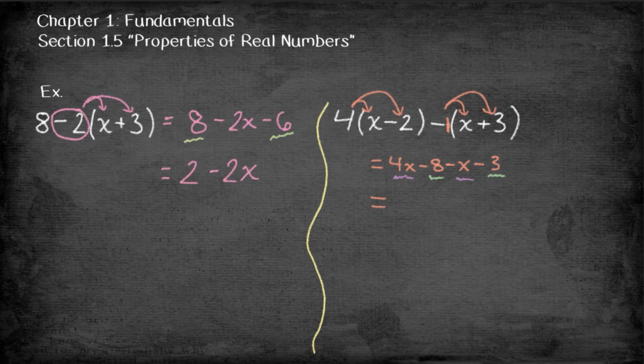There's a 1 in front of this x. 4 minus 1 is 3, so these two combine to give me 3x. The 8 and the 3 are both negative, so I add their absolute values and keep the sign. And that about wraps it up for our examples with the distributive property.